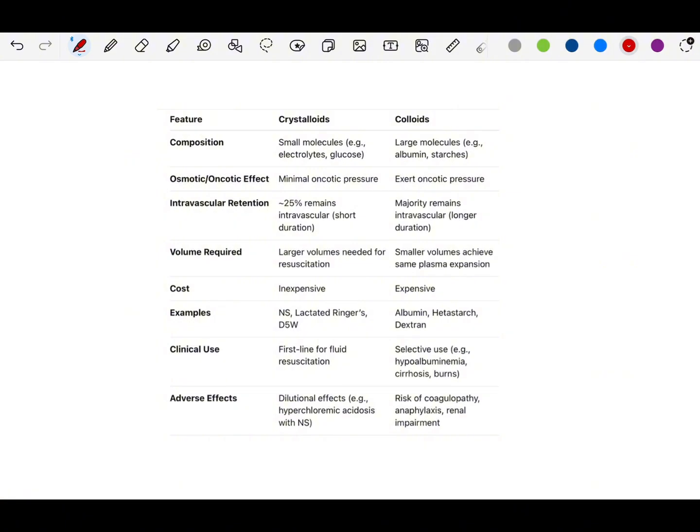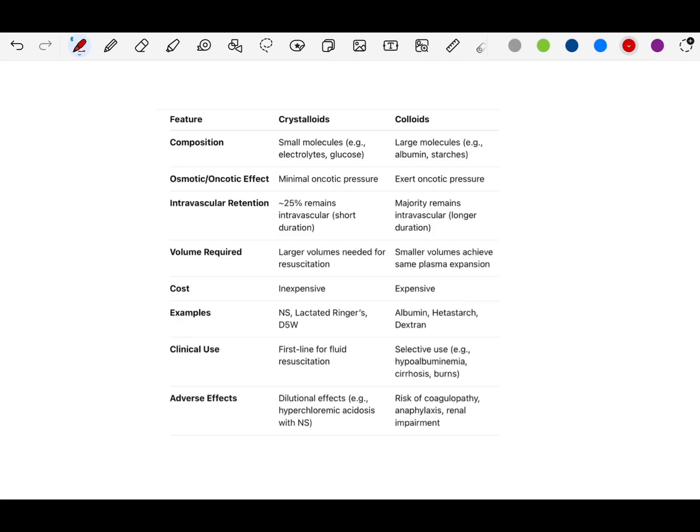And then intravascular retention. Crystalloids, 25% stays intravascular, but again, because it's small, it's kind of moving back and forth quite a bit. And then colloids, big molecules, they stay intravascular. And for volume required, crystalloids are going to need a lot of volume to resuscitate, and then colloids, it should be a small volume. Cost, inexpensive crystalloids, expensive colloids.